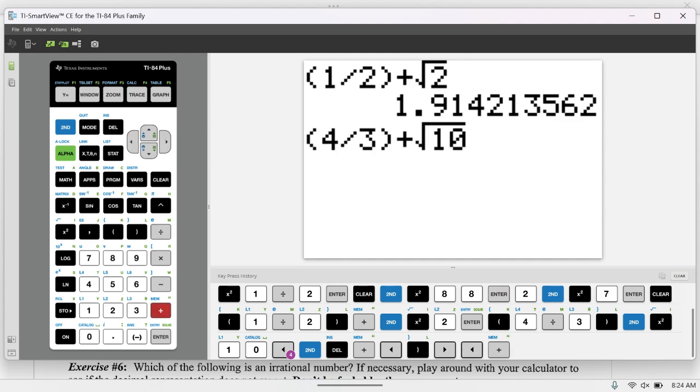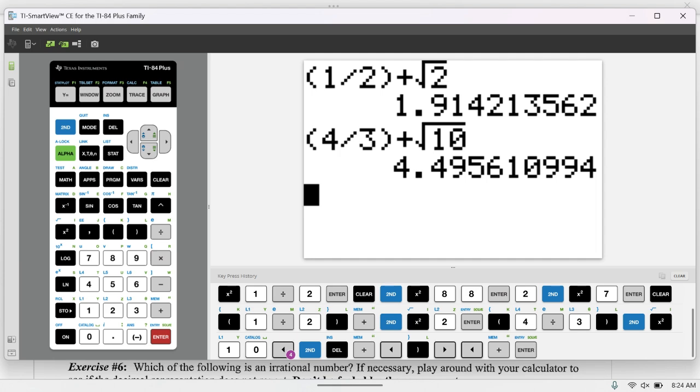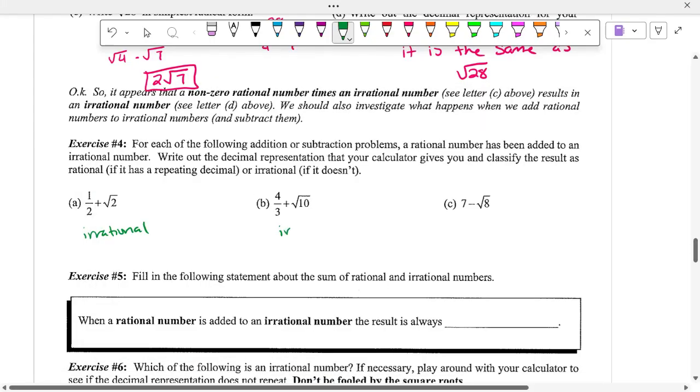Do you think it's going to be rational or irrational? So we're thinking irrational, and we will be right. All right. So without me even putting C in, what do you think it's going to be? Irrational, which it would be.